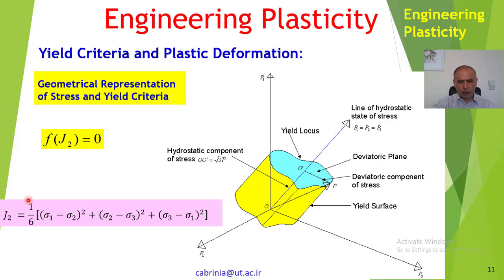In fact, we showed that J2 only consists of these deviatory components of stress, and therefore the yield surface, as you can see, is a straight line, and this deviatory plane remains the same throughout here. It means that whatever the magnitude of the hydrostatic stress is, it does not affect the yield. The only thing that affects the yield is this component.